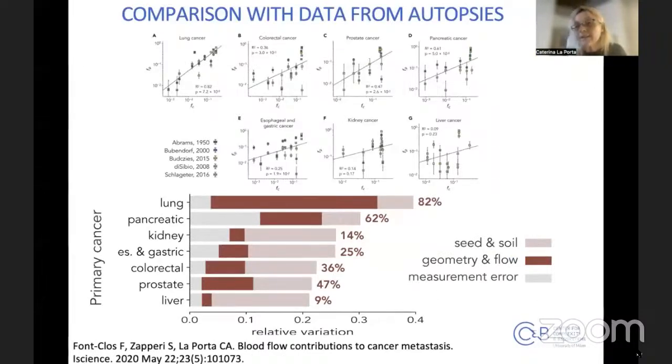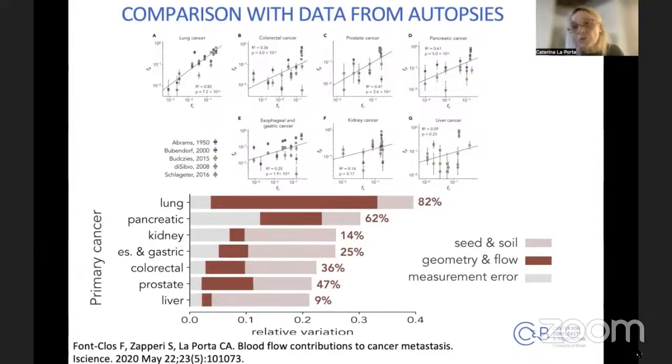Then we obtained some specific metastatic sites where these cells were reached more frequently. We compared our simulated data with autopsies. We got a large data set of autopsies from subjects who died from a specific primary tumor.